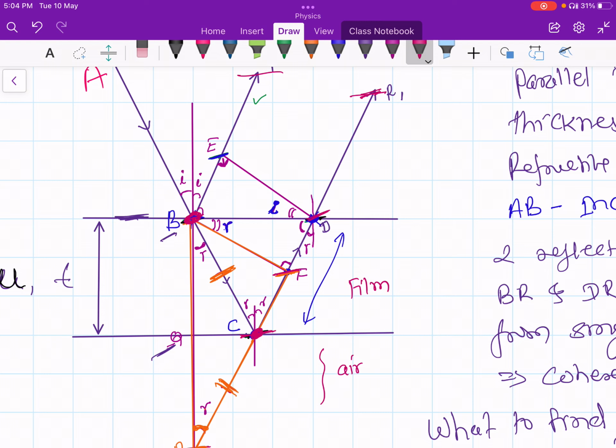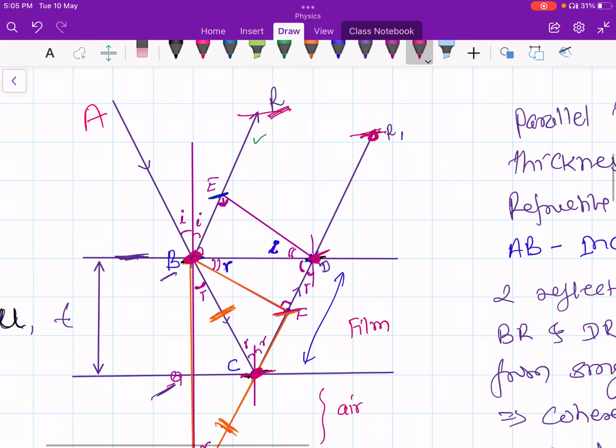So at point C there is a reflection, but that reflection is from the rarer medium, so no change in the path or the phase. Then it travels along the direction DR, and then it is transmitted along DR1. So there is only one reflection for the ray DR1, but that reflection is from the rarer medium. But for the ray BR, there is a reflection from the denser medium.